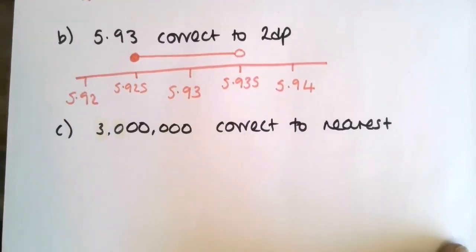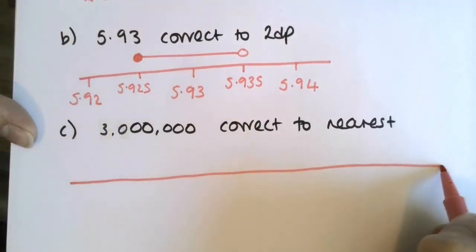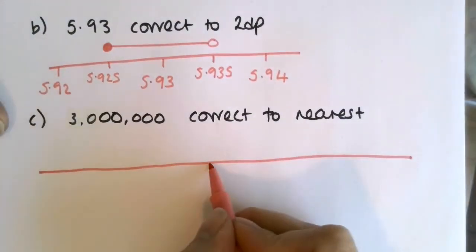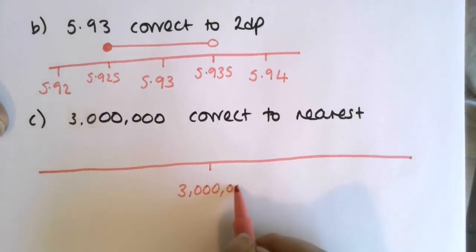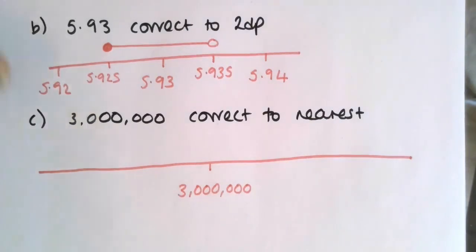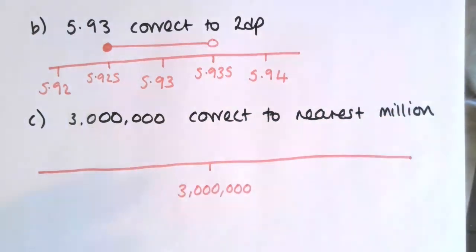Okay, here's my challenge one. I don't know why these ones mess with me so much. I'm going to draw a longer number line to help myself out here. So we've got 3 million, and that is a number that has been given correct to the nearest million.